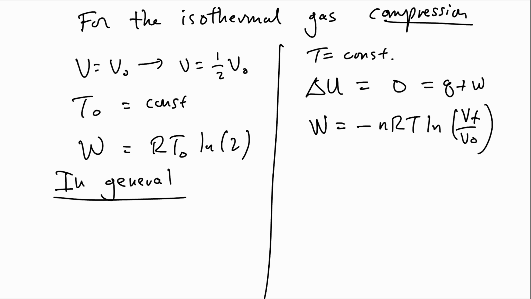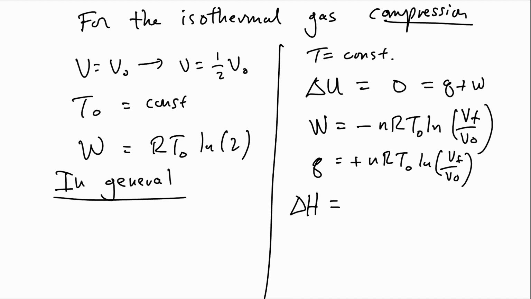I'll put T naught in because we're doing this isothermal. That is fixed. If we did adiabatic, it'd be a different formula, so I'm not going to let that T be running around as a variable. The Q is plus nRT naught log V final over V naught.